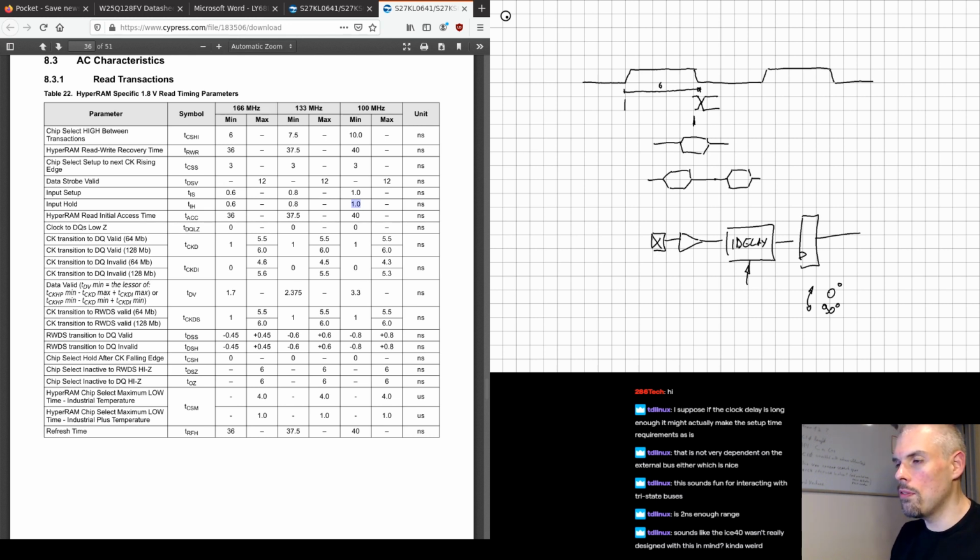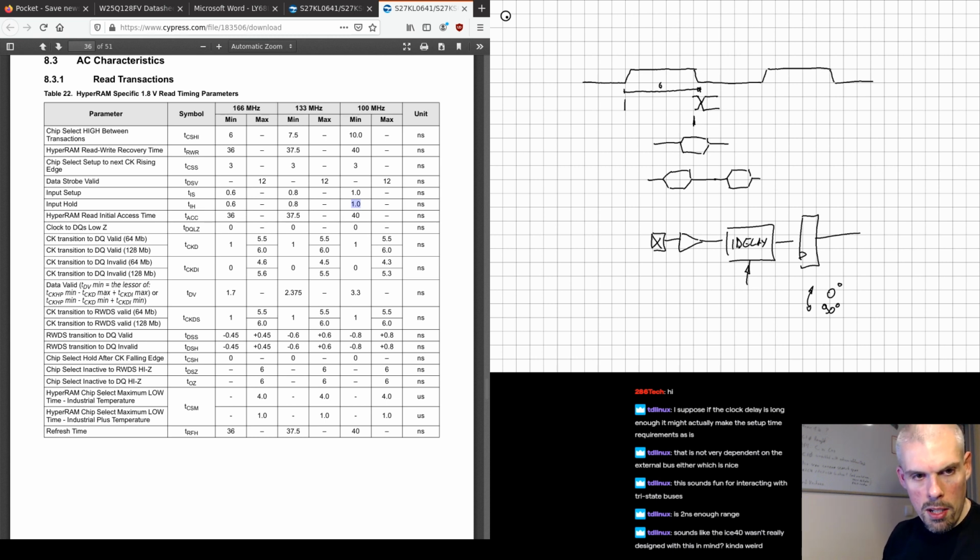When you look at the fabric, it's not designed to run stuff at 100 megahertz, 200 megahertz DDR, stuff like that. The iCE40 Ultra, the UL5K, which I'm targeting, is meant for ultra low power. It's not meant for speed at all. So yeah.